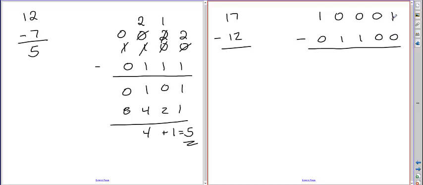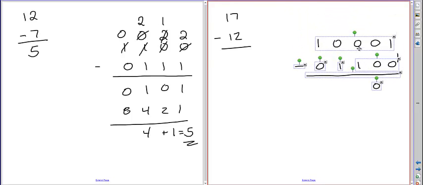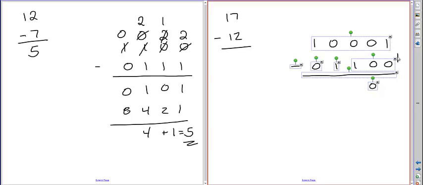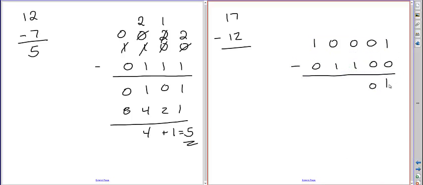Okay, the first one we're set. 1 minus 0 is 1. 0 minus 0 is 0. Then we have 0 minus 1. Oh, problem. So we're going to do some borrowing here. Okay, there we go.